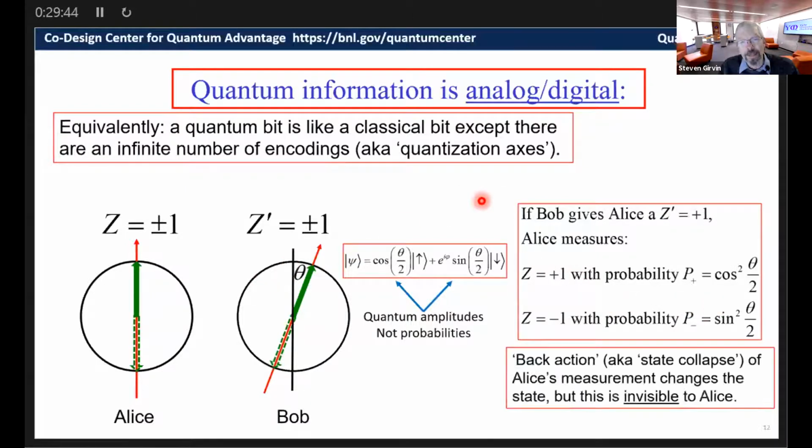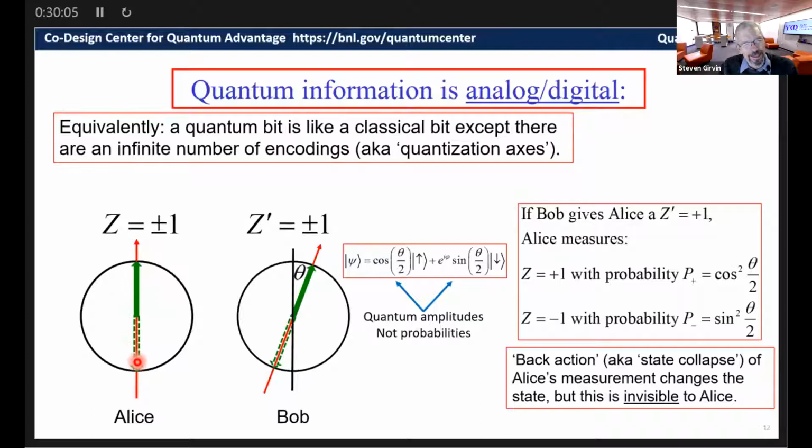Why is that? Furthermore, I should say one more thing about that. If Alice measures that this is spin up, then she says, oh, Bob gave me a spin up. Actually, Bob gave her this, but her act of measurement produced this most of the time.